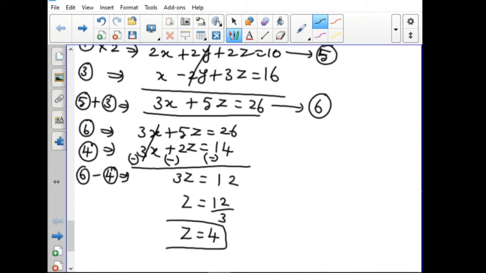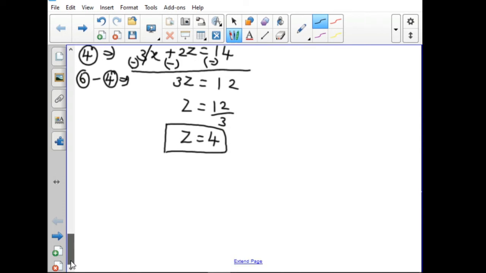Now we have got one value, z equal to 4. Now we have to substitute z equal to 4 in equation 4 or 6, because equations 1, 2, 3 have 3 terms and we cannot get another solution from them.